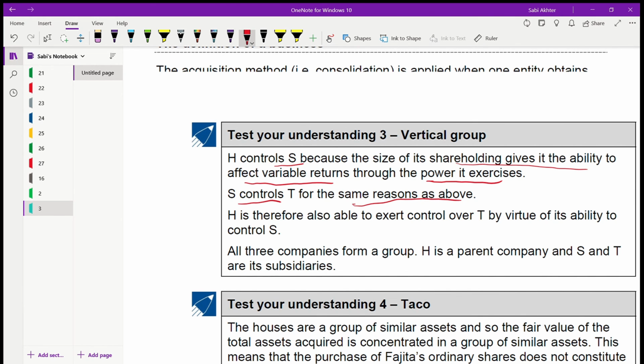H is therefore also able to exert control over T by virtue of its ability to control S. How are we saying it? Because if H can control S, we can expect that H will also be able to exert control over T. So all three companies form a group. H is the parent, S and T are its subsidiaries.